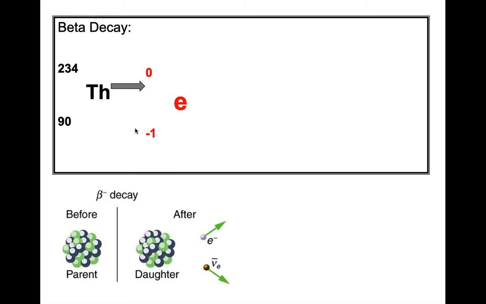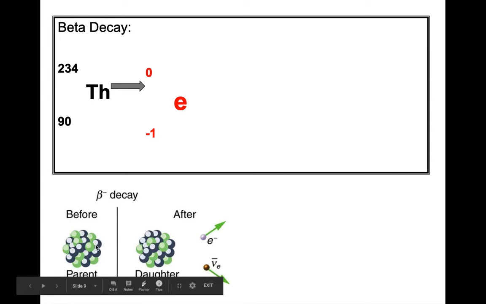Remember, a neutron is being converted into a proton. So think about what's going to happen to the atomic number. First, what's going to happen to the atomic mass? If it's getting rid of this electron, which has no mass, its atomic mass is going to stay the same. But what's going to happen here?